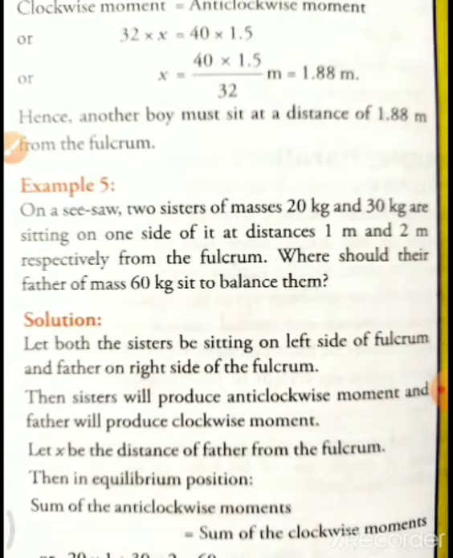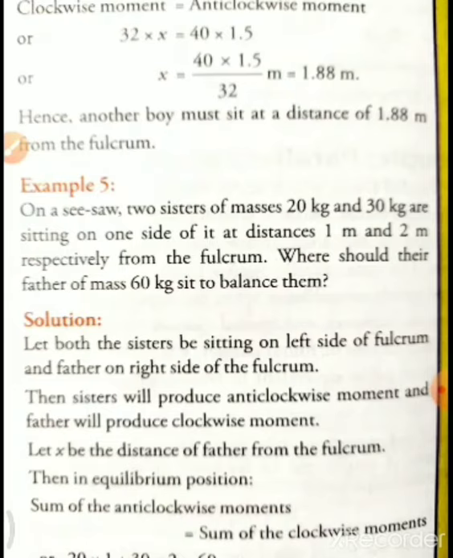Let both the sisters be sitting on the left side of the fulcrum and the father on the right side, obviously because the father's weight of 60 kg is much higher than theirs.